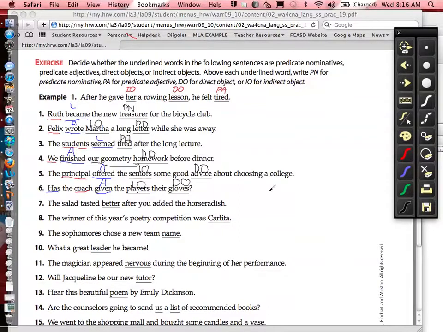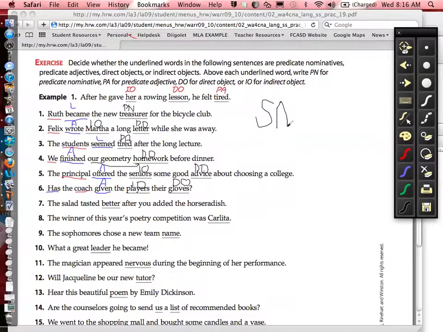All right, so hopefully that was enough to give you the idea of how you should go through each sentence. Every sentence, subject, verb, what type of verb is it, action or linking, and from there we follow the flow chart. Another thing to keep in mind is SAVIDO.